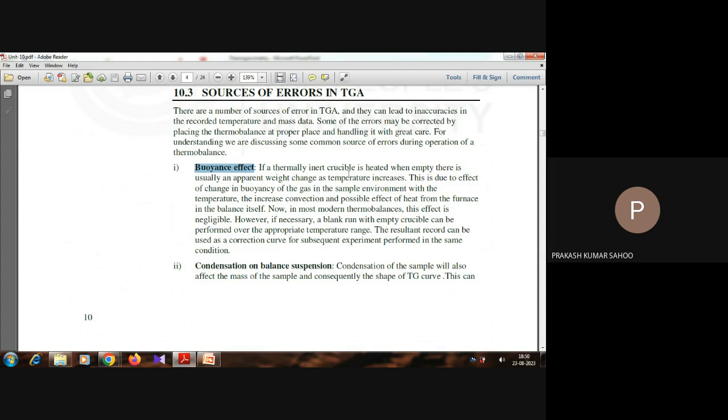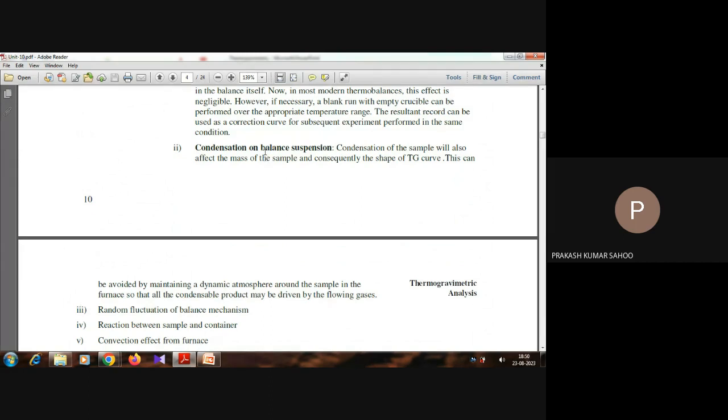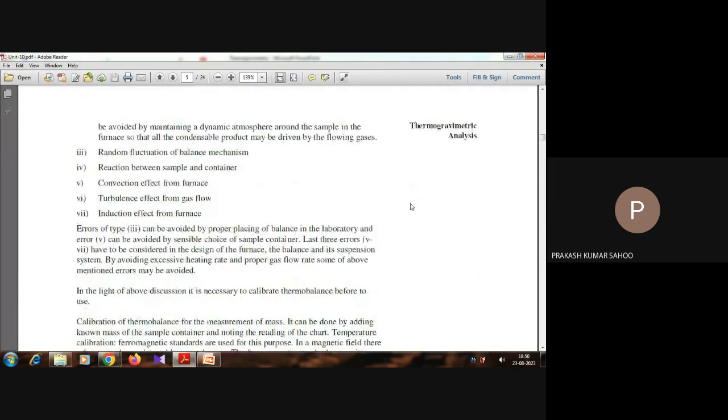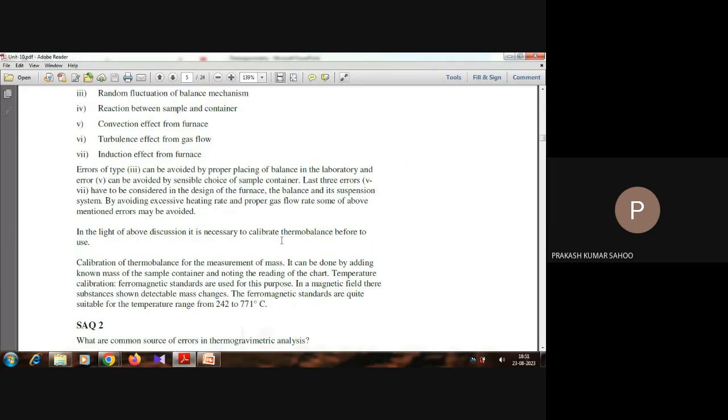So if the crucible contains some volatile substance as impurity or some moisture, then it may be an effective error for your TGA. Then condensation on the balance suspension also gives some error. Then we have random fluctuation of balance mechanism, a reaction between sample and container, convection effect from balance, turbulence effect from gas flow, and induction effect from furnace.